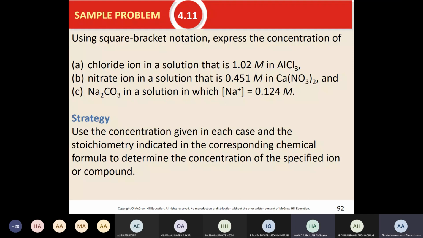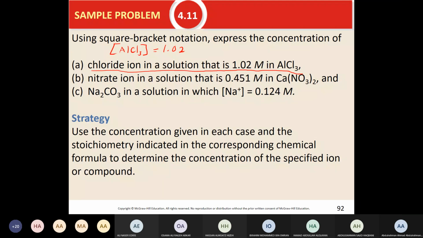Good. Let's solve this problem. What is the chloride ion concentration? That is 1.02 molar AlCl3. So what's given to you is the concentration of AlCl3. Read the question.